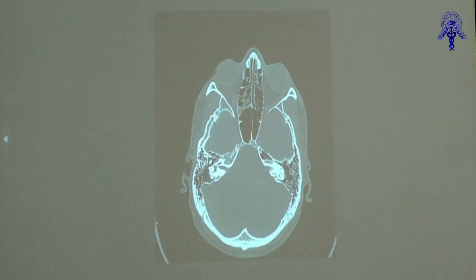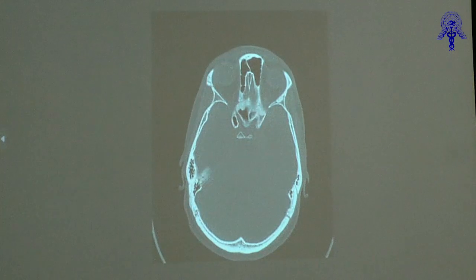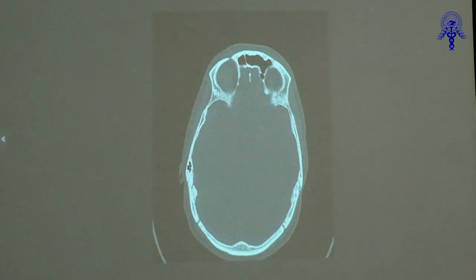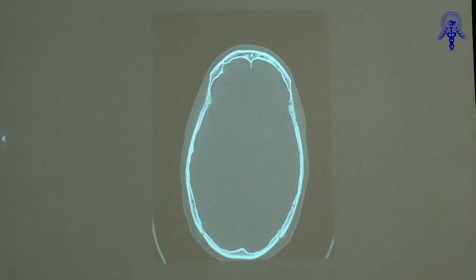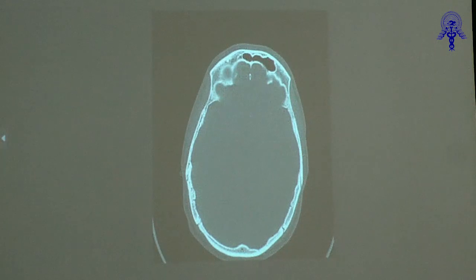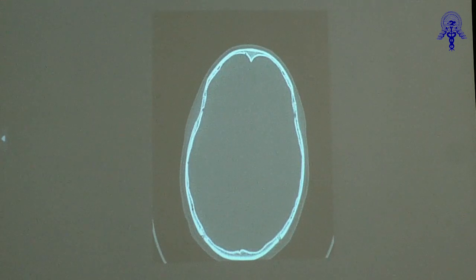I will go through quickly again the same thing. It is not possible to show every scan, I will show a few diseases and then we'll finish. Again, as we go higher up, we can see the frontal sinus also, but mainly, as I said, antrum, sphenoethmoidal relationship, optic nerve, etc.